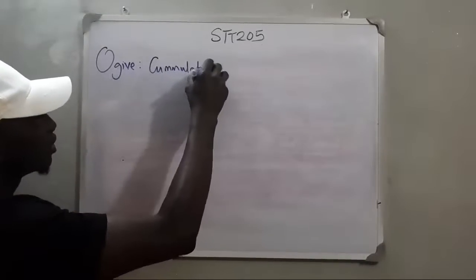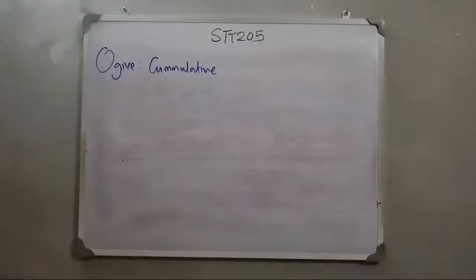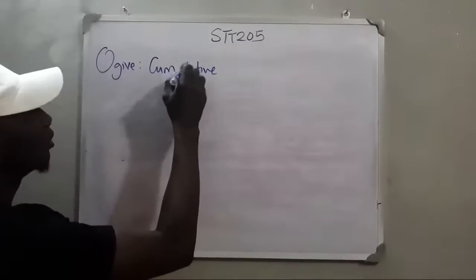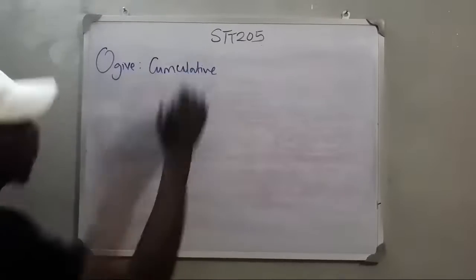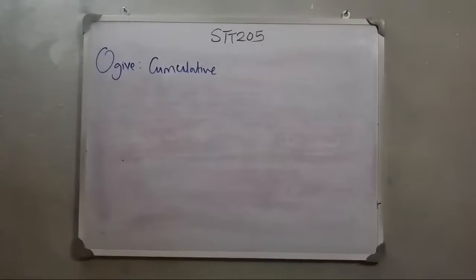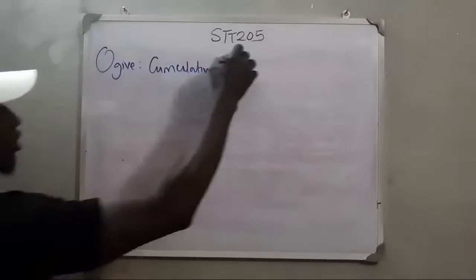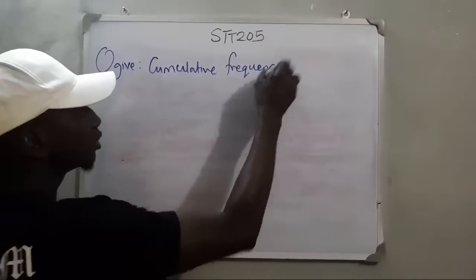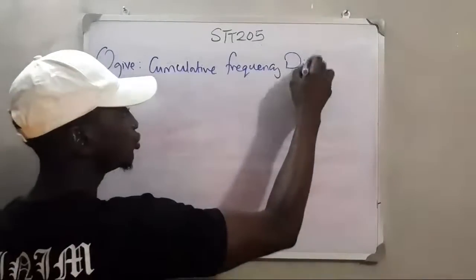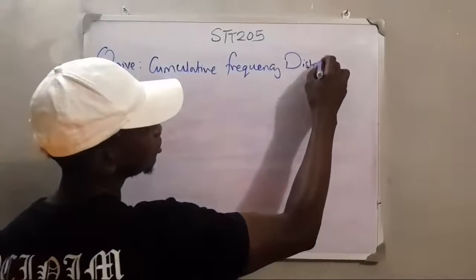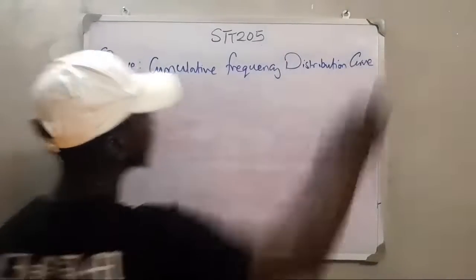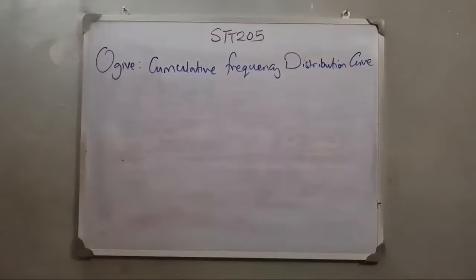Cumulative, that's a single M. Cumulative frequency distribution curve, that's another name for ogive.